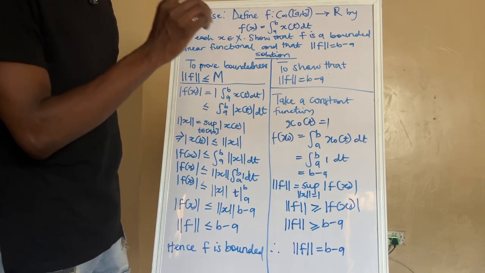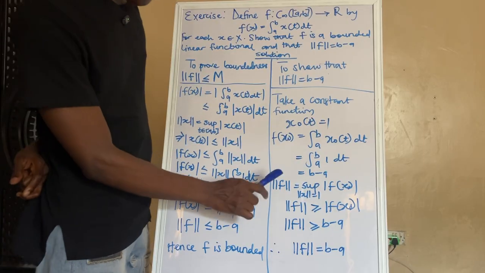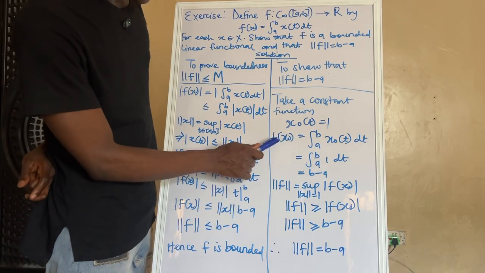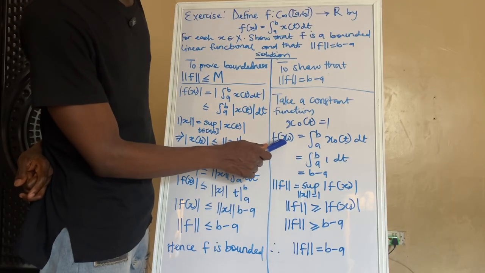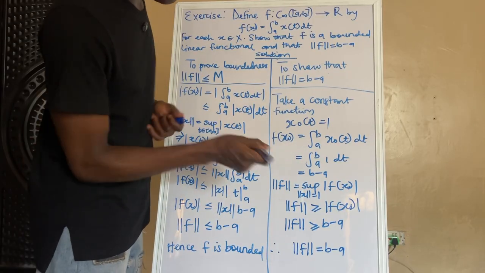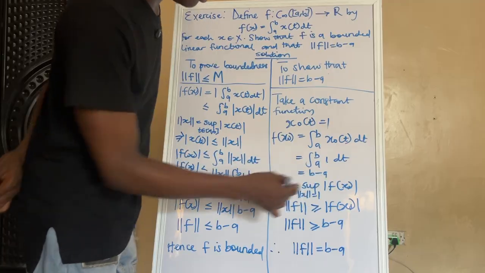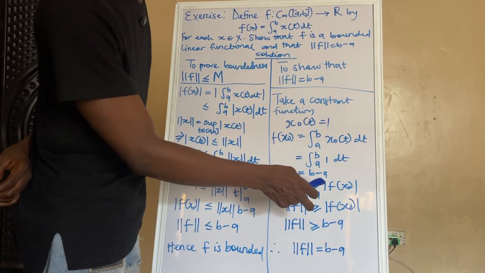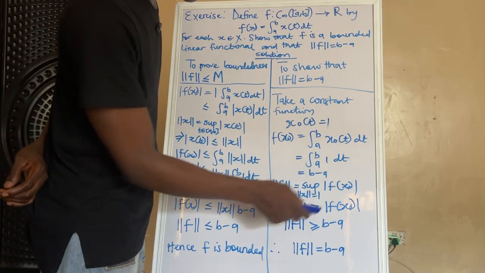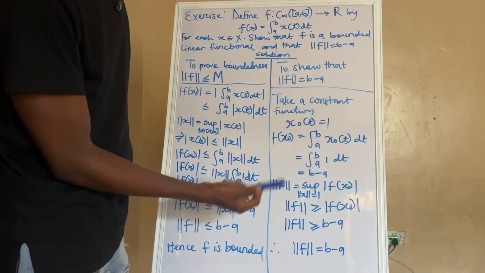Now, supremum is going to come again. We know that the norm of this f here is the supremum of this. Norm of f is the supremum of f of x naught when norm of x is equal to 1. So what does this tell us?